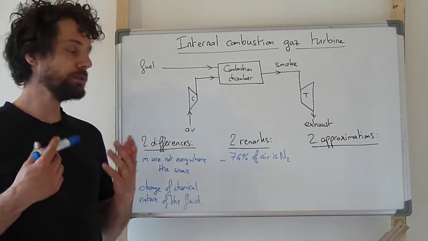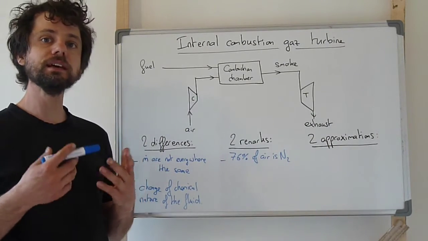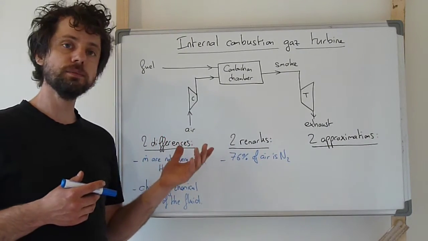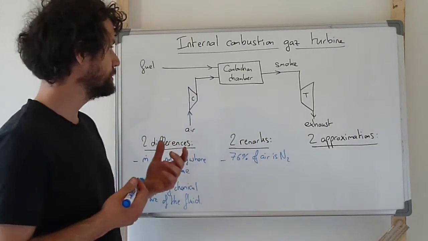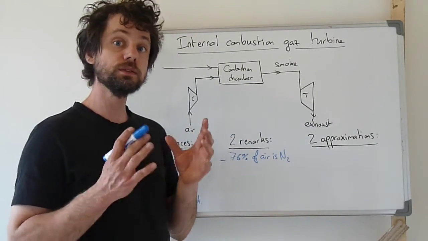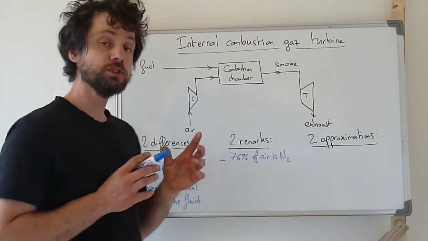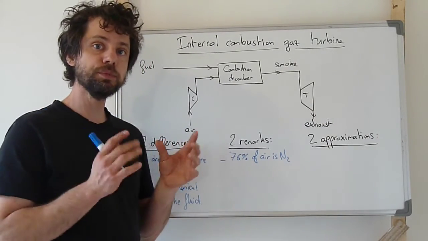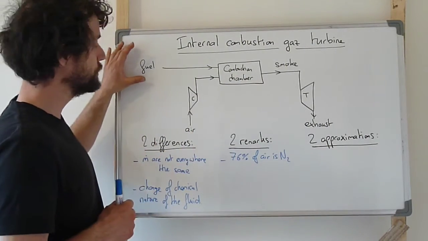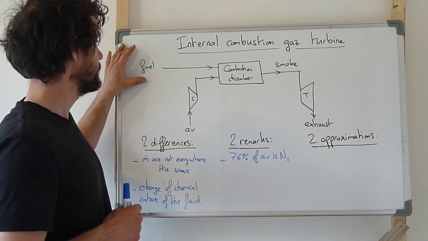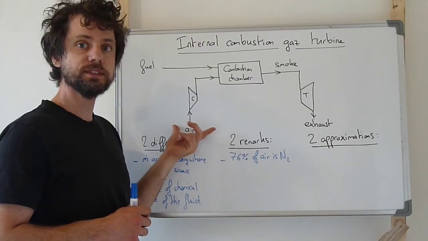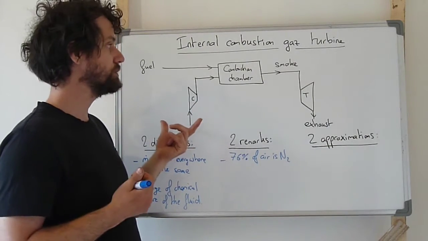Then there's a second remark. It's about the excess of air. In an internal combustion gas turbine, it's not possible to do the combustion at stoichiometry. So let's first define what is stoichiometry. Stoichiometry is the exact proportion of fuel and combustive so that all the fuel will be burnt and all the dioxygen from the combustive will be used for this reaction.